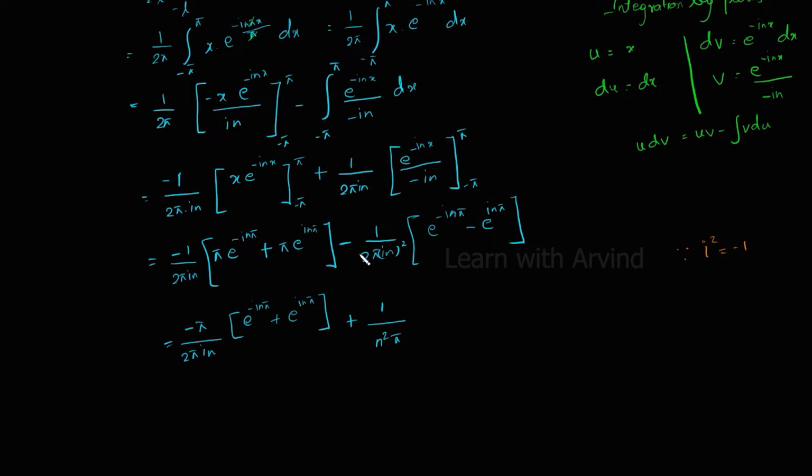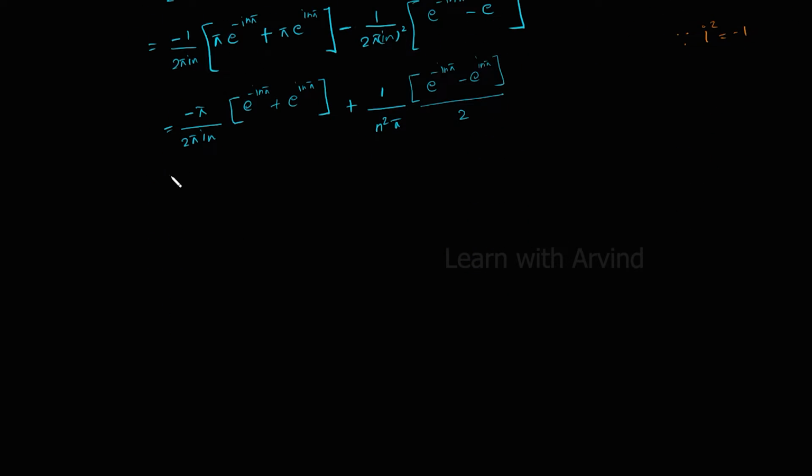Now this minus and minus would become plus. The next step would look like this. Minus 1 by i n into e power minus i n pi plus e power i n pi divided by 2 plus, we are grouping in this form.